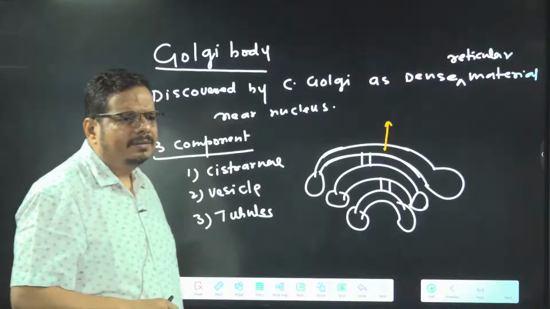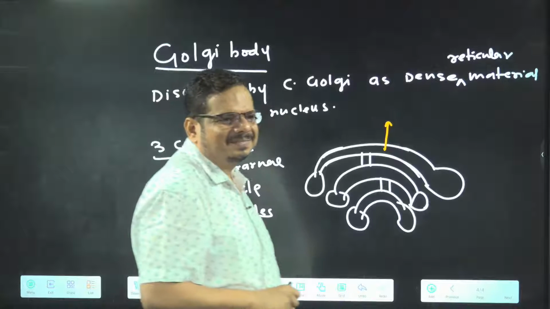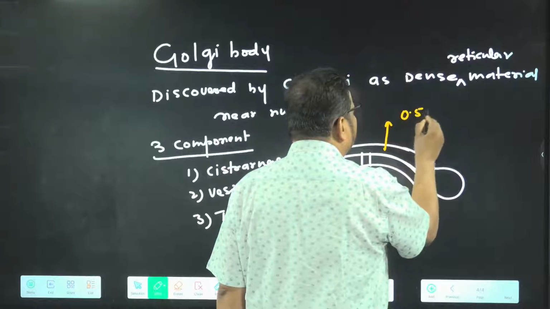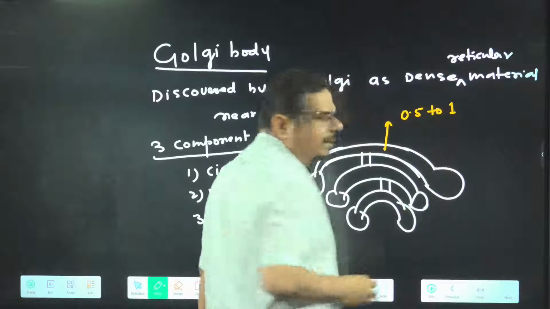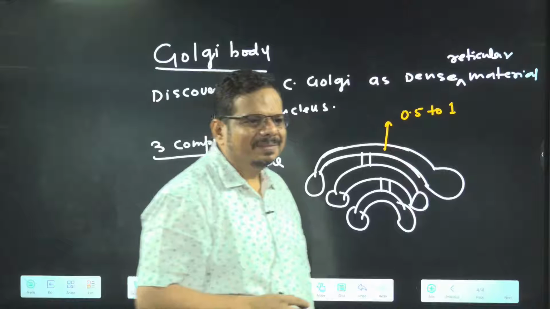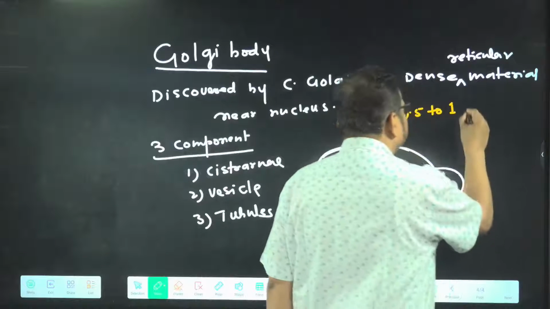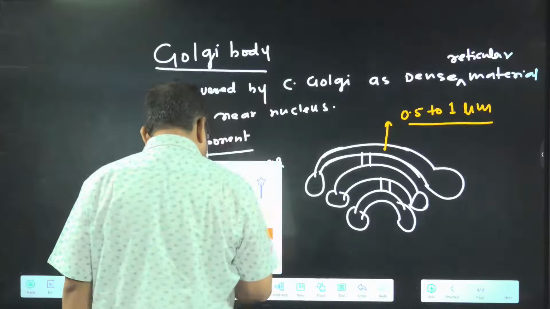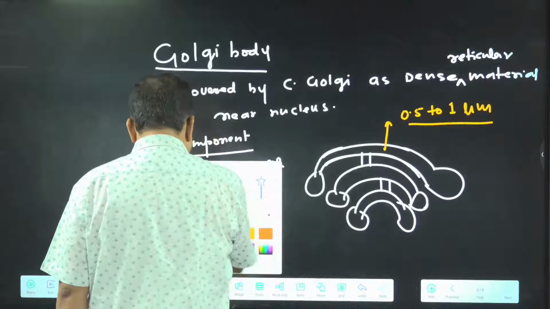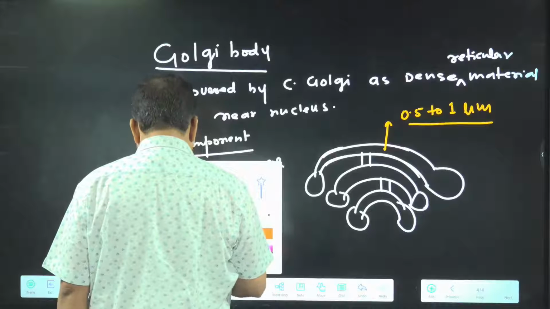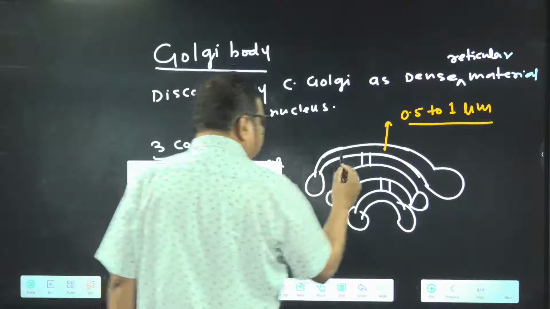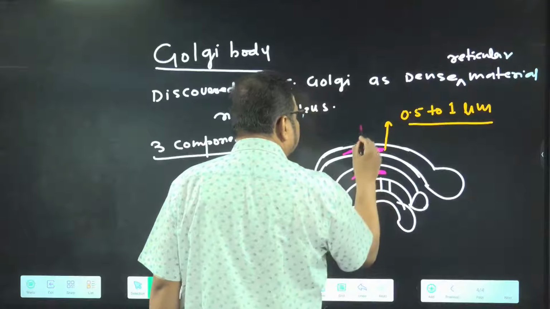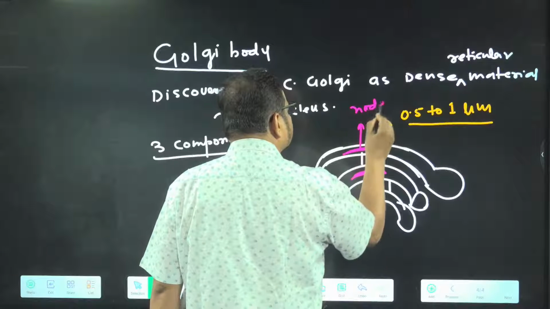What is the diameter? 0.5 to 1 micrometer. Yeah, good. And there is a dense material present in the cisternae, and this dense material which is present in the cisternae is called nodes.